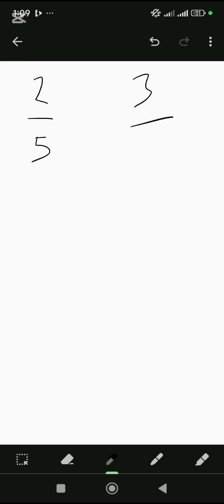Here we are going to change it to decimal, and that's to divide. So we have 2 here, and then we have 5 here.